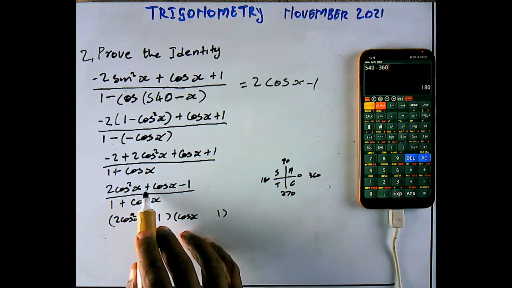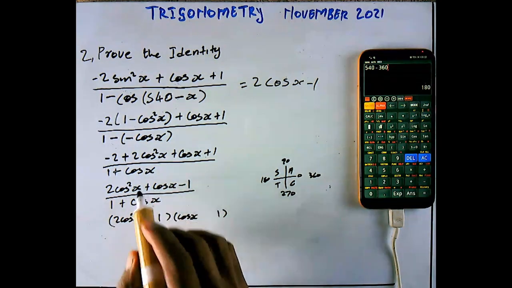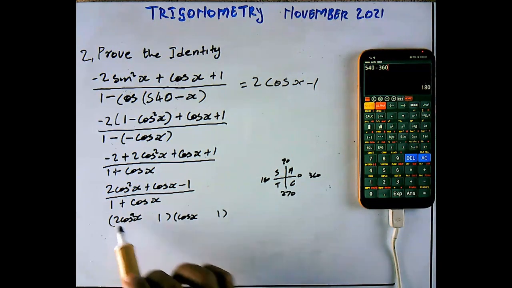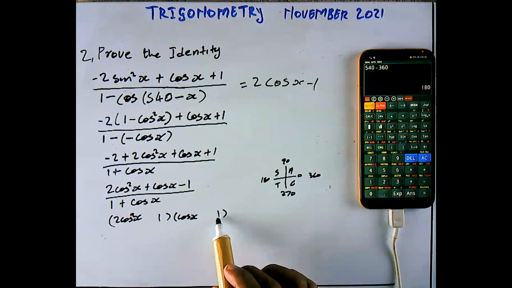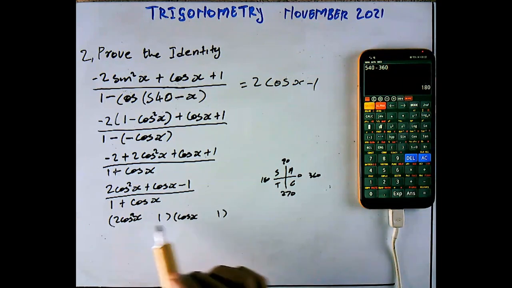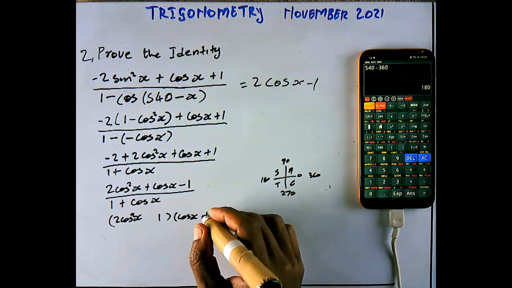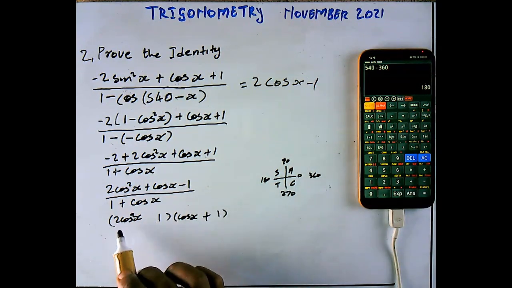Middle term is positive. Then when we multiply this one and this one, we get 2 cos x, and this one, we get only cos x. So this means our positive has to be get by bigger number.